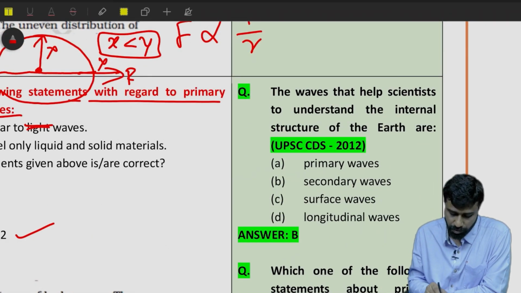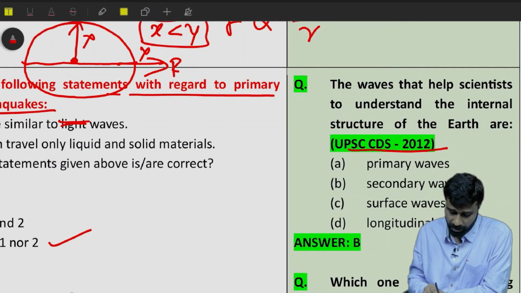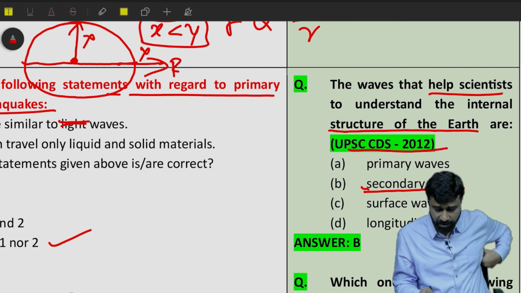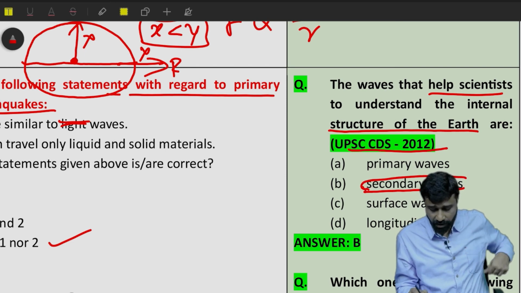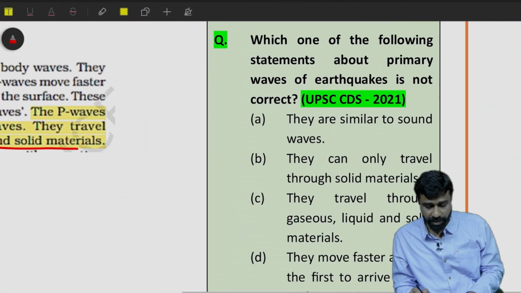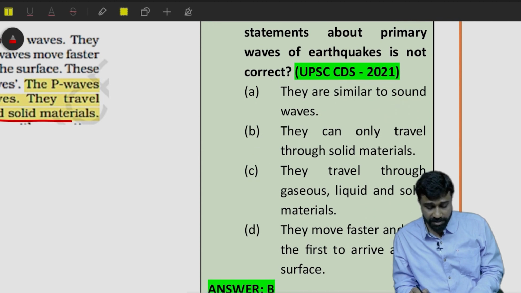These are questions associated with many previous year questions. In CDS 2012, they asked regarding the internal structure of the earth. Here, secondary waves help scientists to understand the internal structure of the earth, not only secondary waves but also the primary waves, right? Sometimes the question options may be given wrong, don't worry. Which one of the following statements about primary waves of the earthquakes is not correct?